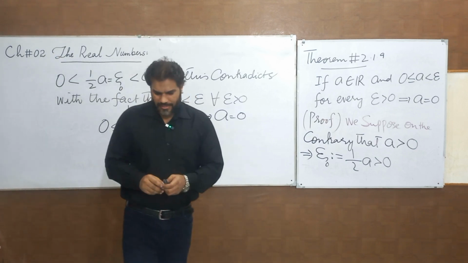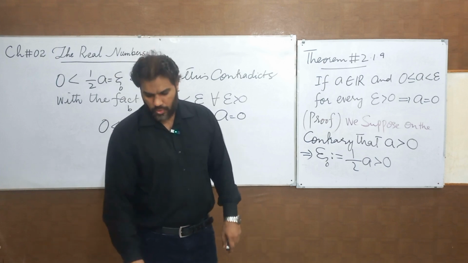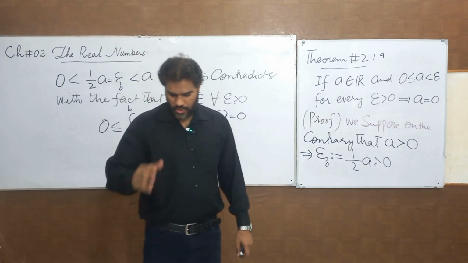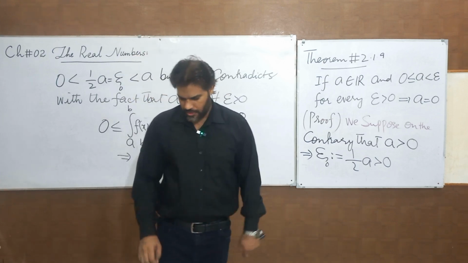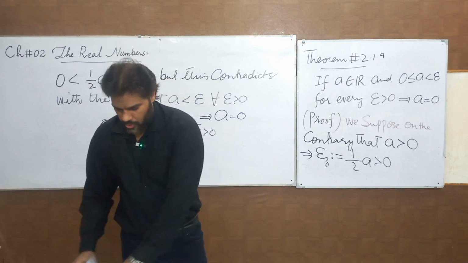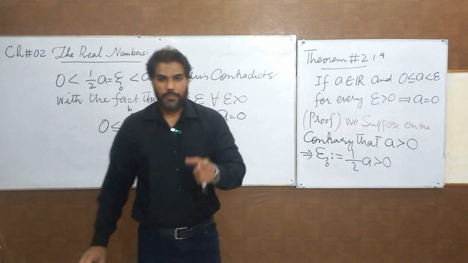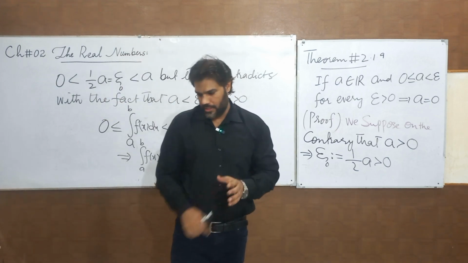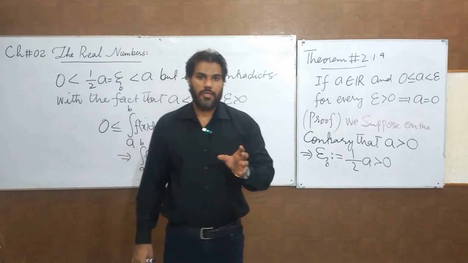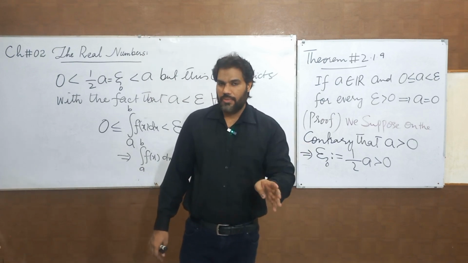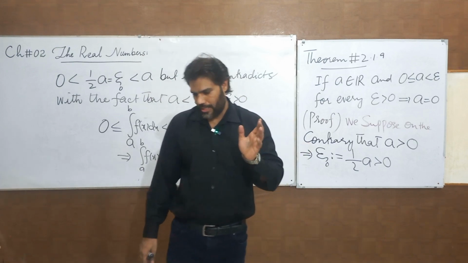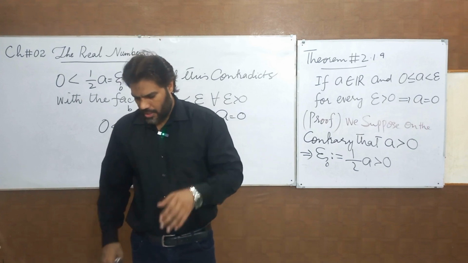Okay. Next, there is Theorem 2.1.10, which is the positivity of the product. In this theorem, we have to show that if the product AB is positive, then it is possible only when both A and B are positive, or both are negative.